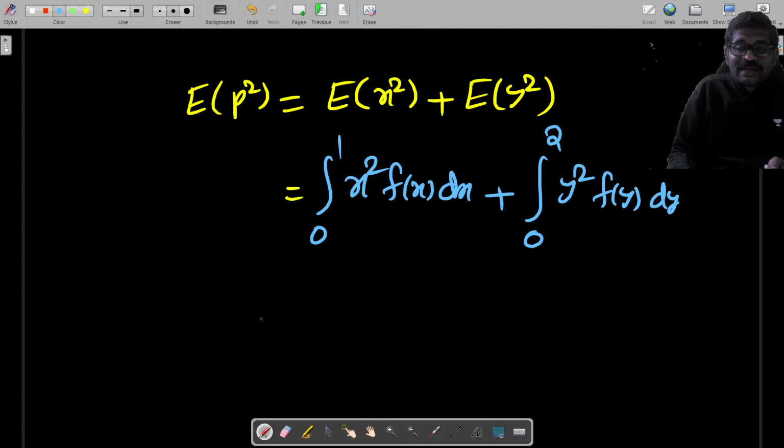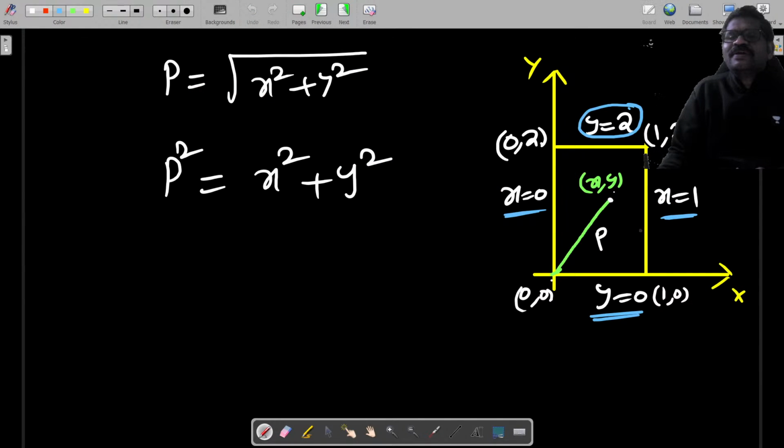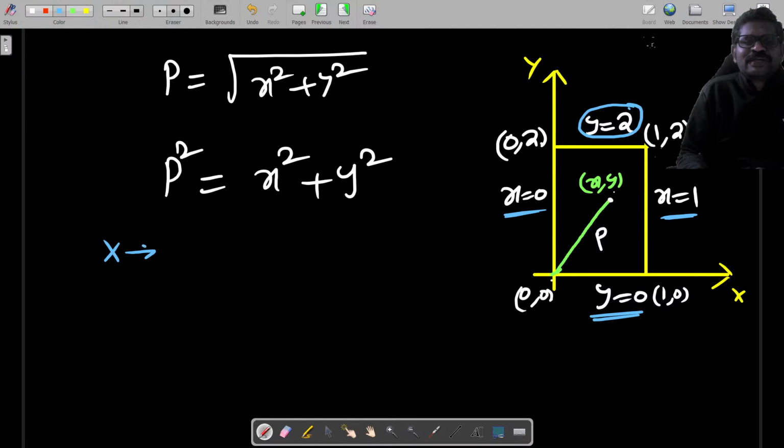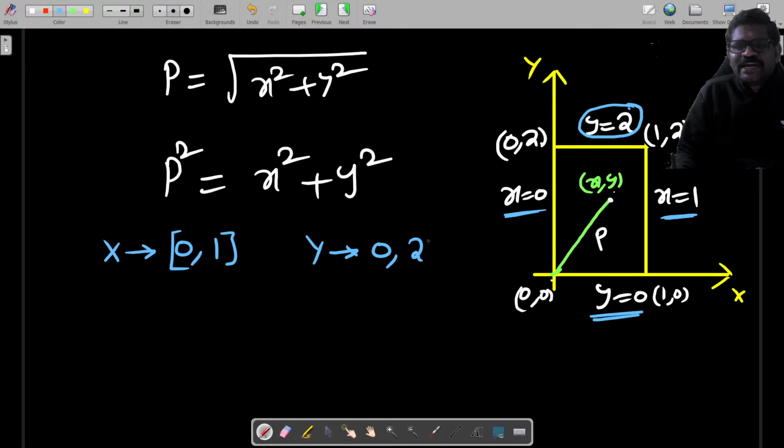Now what is f of x and what is f of y? You can find out very easily with the help of this diagram. Observe here, x follows uniform distribution in the interval 0 to 1. Y follows uniform distribution in the interval 0 to 2.